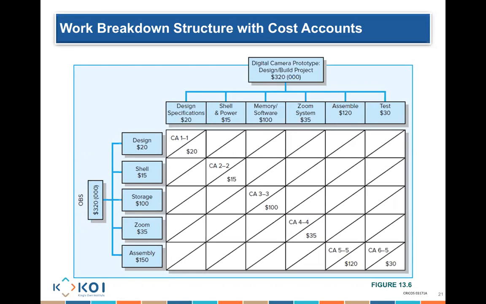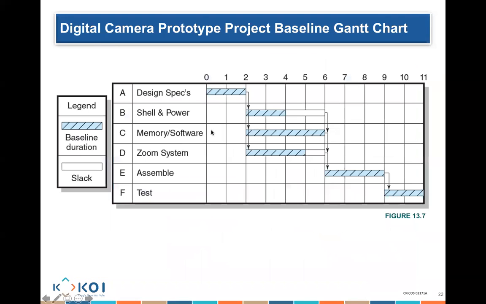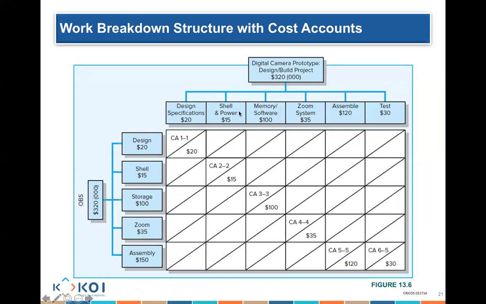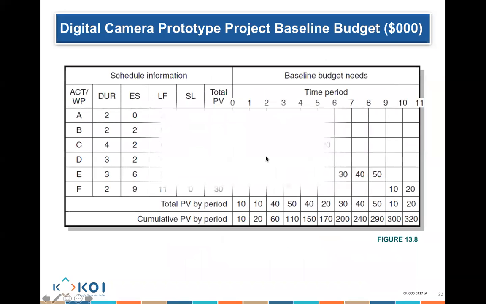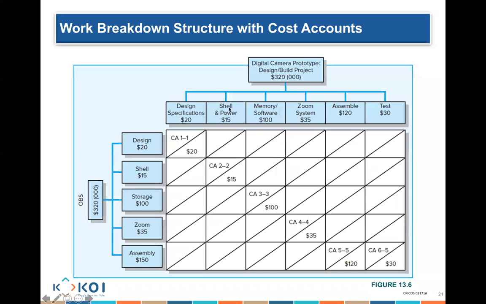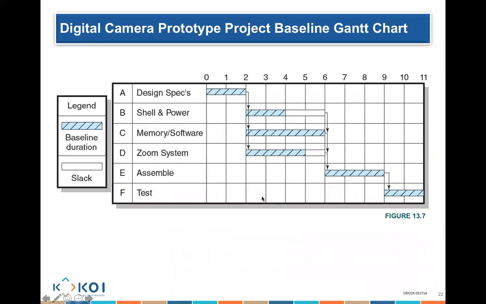So for design specifications, I know that it's going to take me 2 days. For shell and power, to spend the $15, I know it's going to be 1 and 2 days. For memory software, I know it's $100, but it's going to take me 1, 2, 3, 4 days to spend $100.